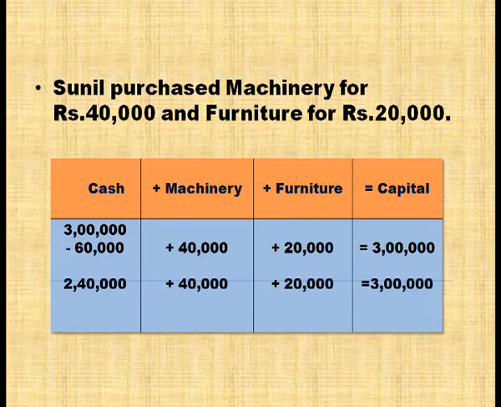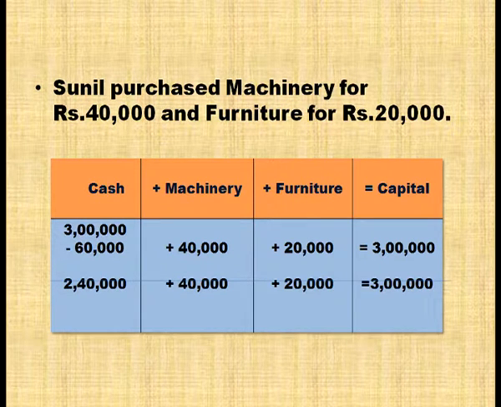Another transaction. Sunil purchased machinery for rupees 40,000 and furniture for rupees 20,000. When we are writing the accounting equation, on the asset side you can include 3 columns: cash column, machinery column and furniture column. And after equal sign, you can include capital and liabilities.